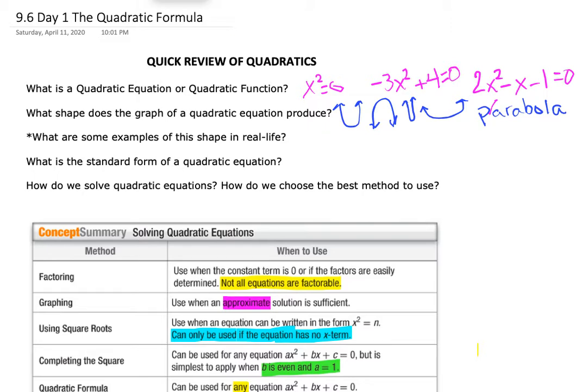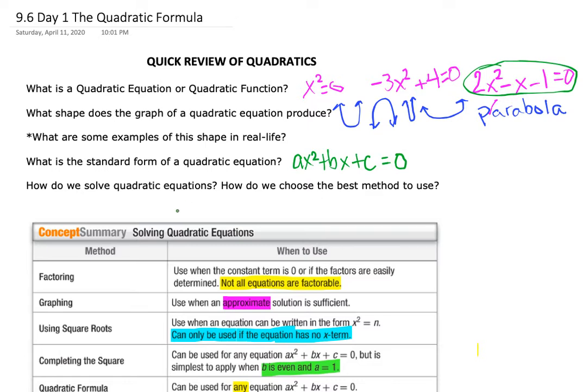The next question is, what is the standard form of a quadratic equation? So hopefully you remember that that is your ax squared plus bx plus c equals 0. Okay? So a lot like this one that I wrote up here. And then how do we solve quadratic equations and how do we choose the best method?